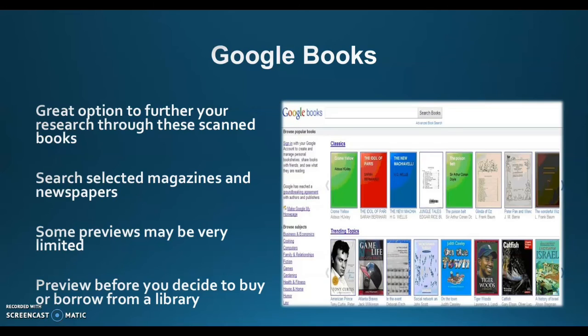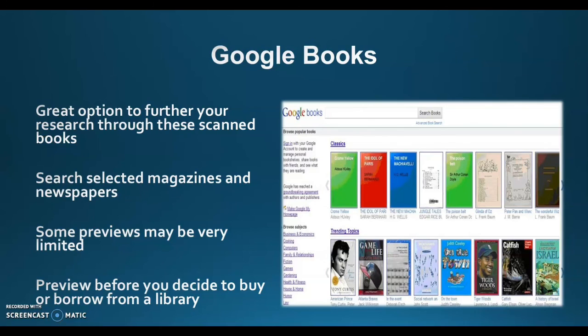But just know that some previews may be very limited. There are times when I look at a book and I'm looking at the pages where the name I'm looking for comes up and I'm reading it and I'm very interested, and then it ends and I go, but I need one more page. So the previews can be limited, but that's when you save it and look for the physical book, even if it means going to your local library or maybe doing an interlibrary loan to get that book so you can read it.